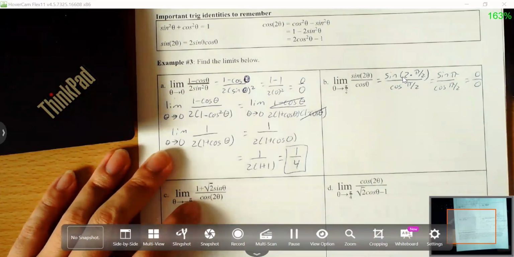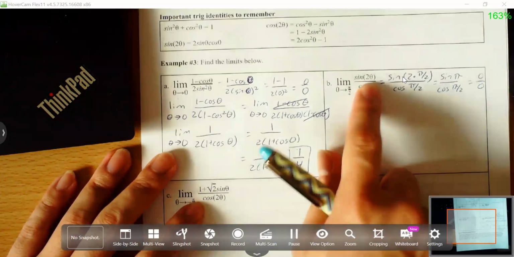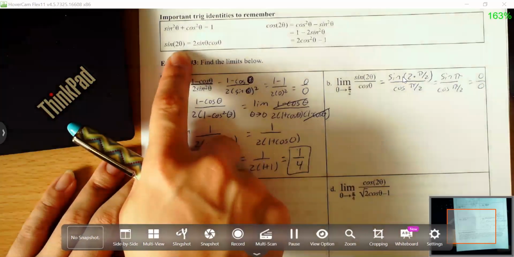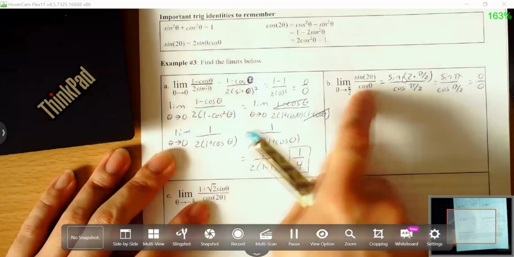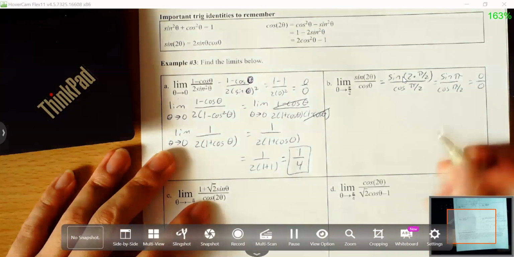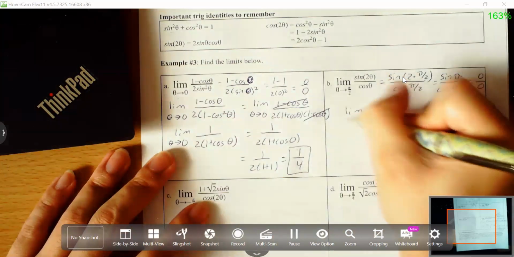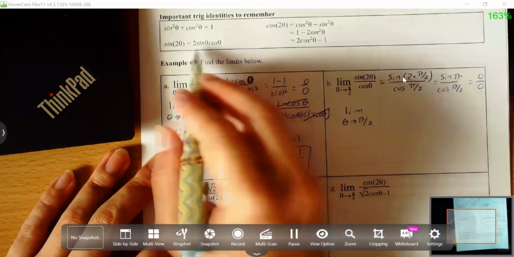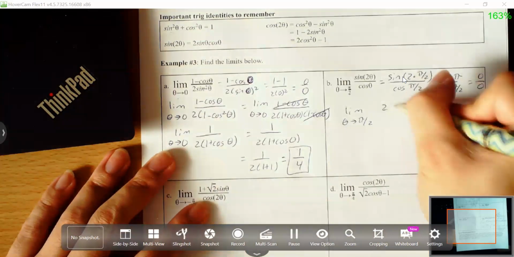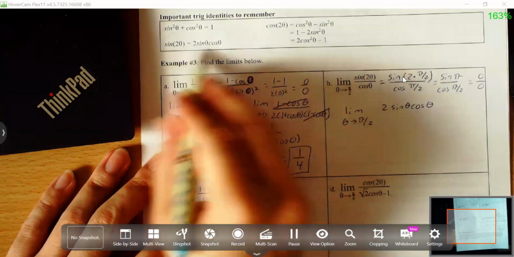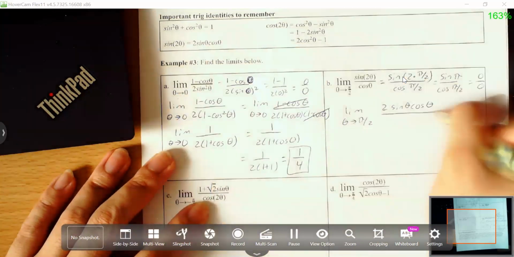But this is one of the simplest indeterminate forms that you can do because I have sine 2 theta, and that's something we have here, right? That I can change it to that. So let's go ahead and do that right now. This is the limit as theta approaches pi over 2. Sine 2 theta is 2 sine theta cosine theta. So I'm using that identity up here, all over cosine theta.